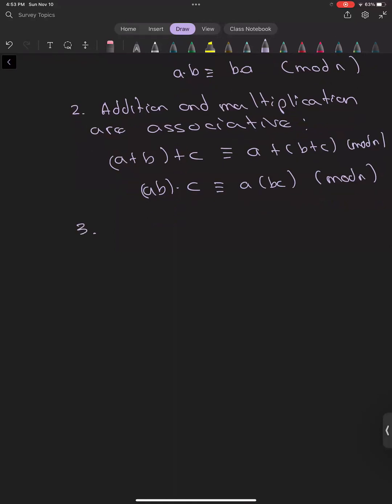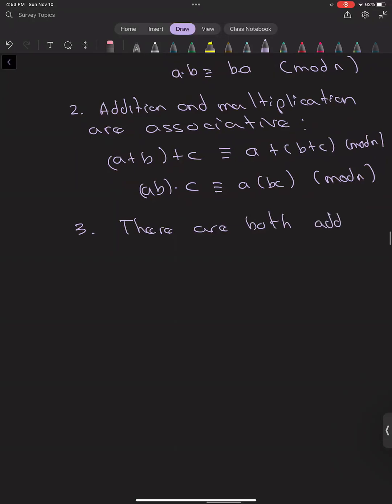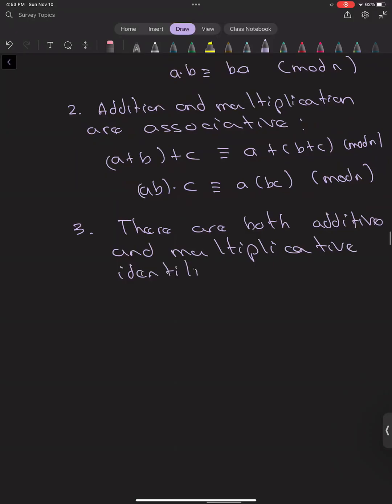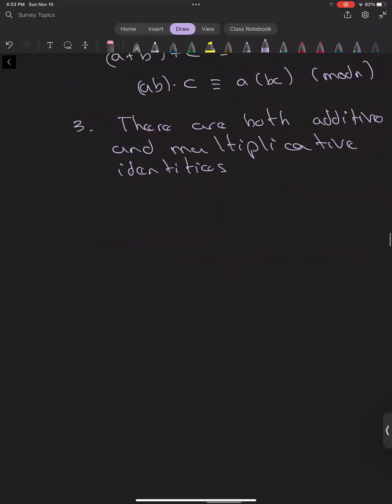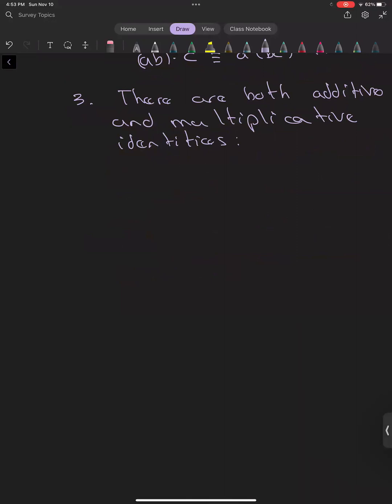Number 3, there are both additive and multiplicative identities. So that means a plus 0 is congruent to a mod n, and a times 1 is congruent to a mod n.